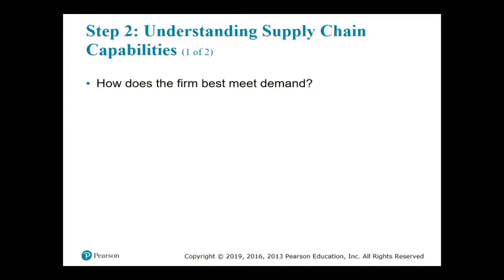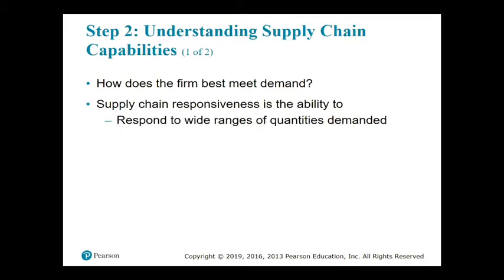capability. So to talk about supply chain capability, there are two concepts that are very, very important for you to understand. One is the responsiveness of the supply chain. Basically, the responsiveness of the supply chain is the ability of the supply chain to respond quickly to changes, right?